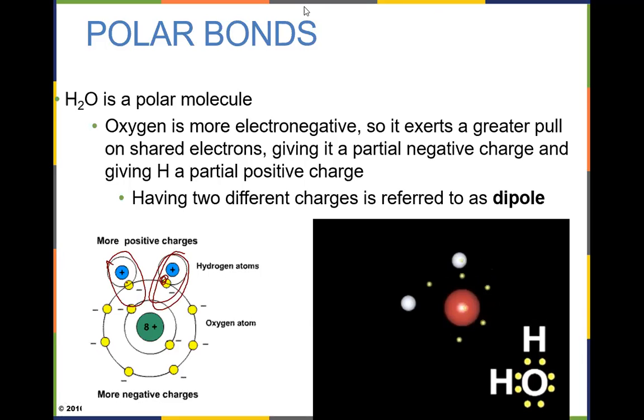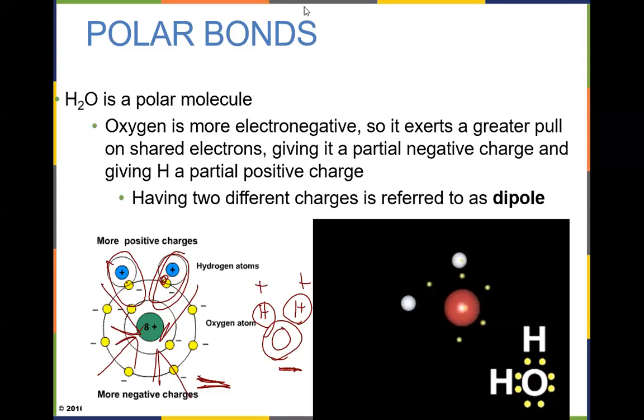We tend to draw those electrons around the hydrogens closer to the nucleus, so that we end up with a more negative charge on the oxygen end of the water molecule. The oxygen end tends to be slightly negative, and the hydrogen ends tend to be slightly positive, because all the electrons are being drawn towards the nucleus.